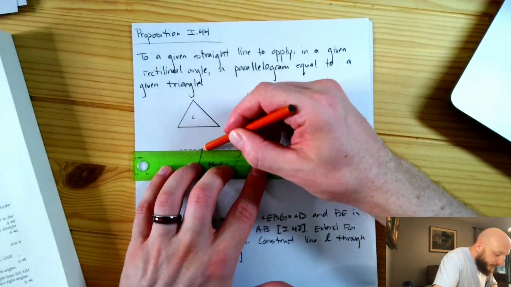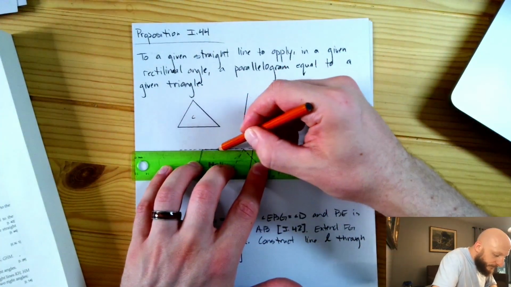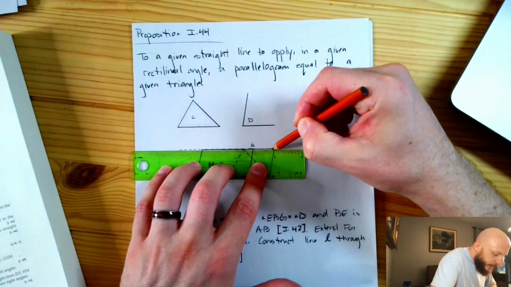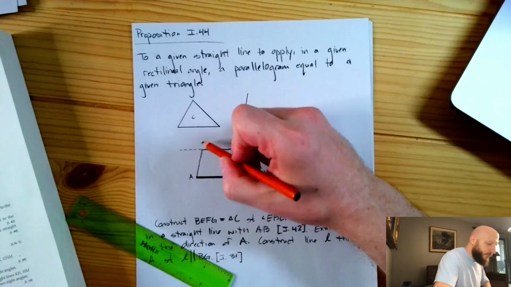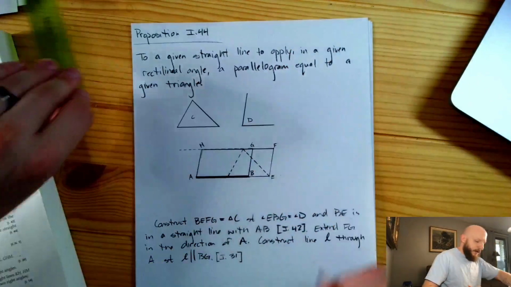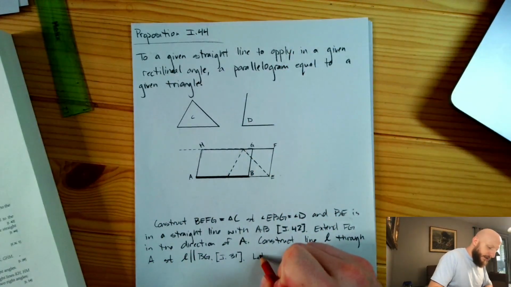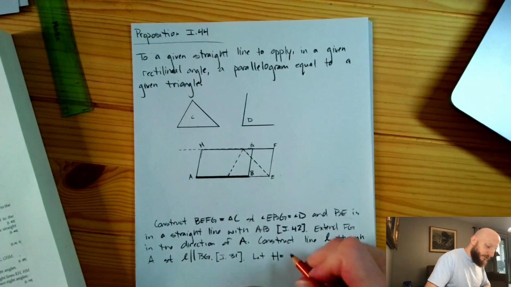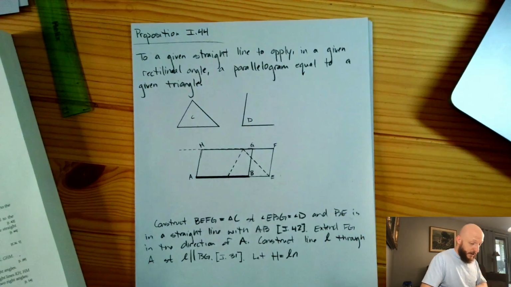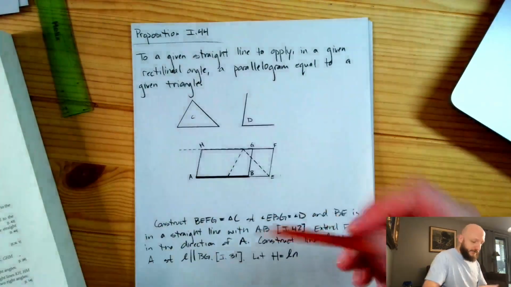And I'll make this a little bit more solid too. Yep. And then this intersection point here we'll call H. So I'll say let H be equal to the intersection of L with FG.